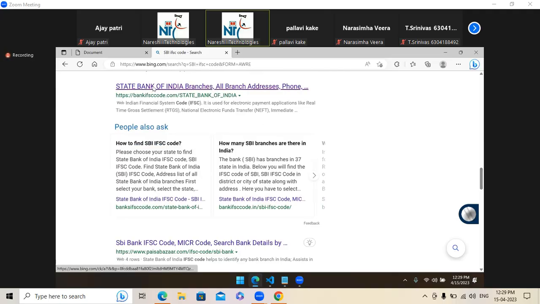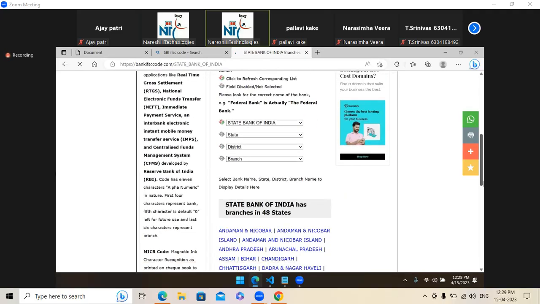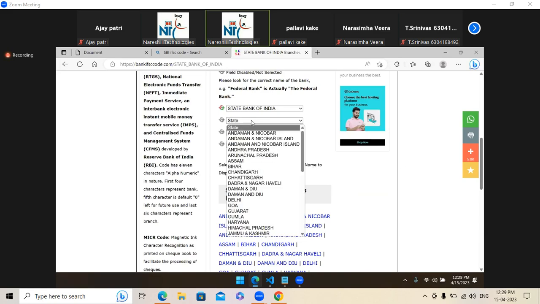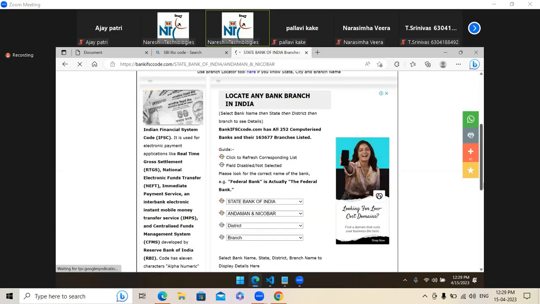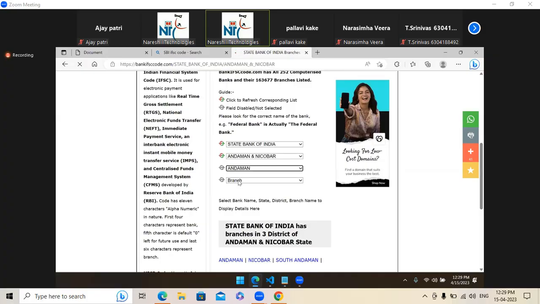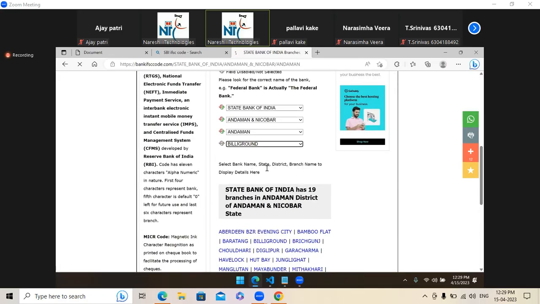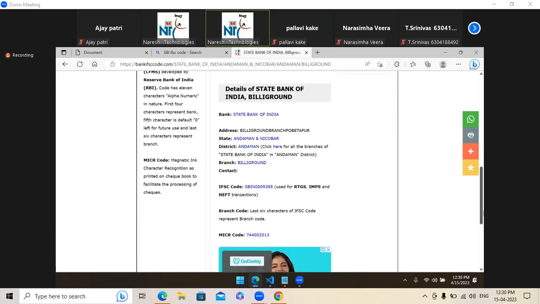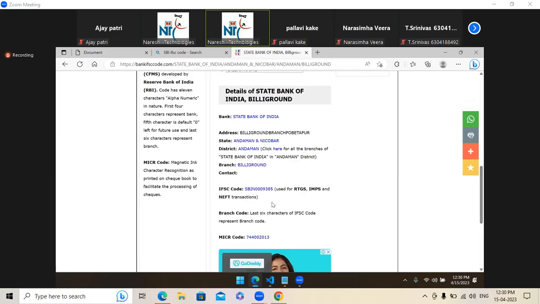IFSC code. And you can see here, State Bank, some details. Suppose you selected some state, something like this. So some city, some district, some branch, I am selecting something. And the code of that will be displayed like this. So that is the IFSC code. It is like this.